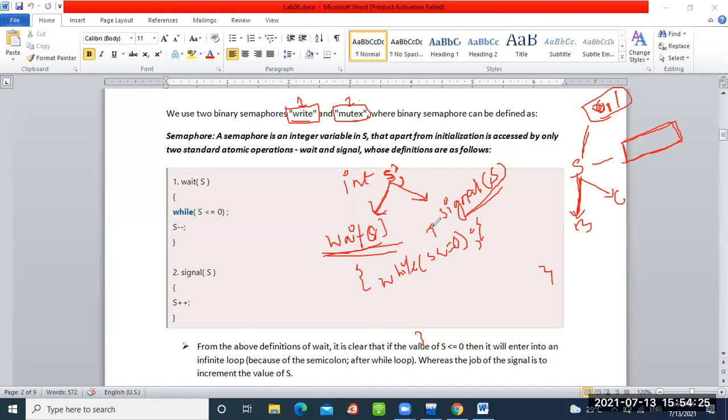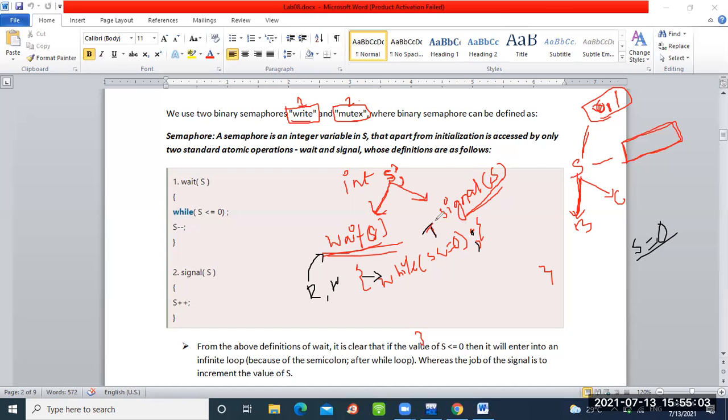In a binary semaphore, this condition is true when the s value is 0. Then whoever is calling, whether the writer or the reader, must wait here. Suppose the reader process is calling this wait and the condition is true, then it is an indefinite loop. The reader will stay here.